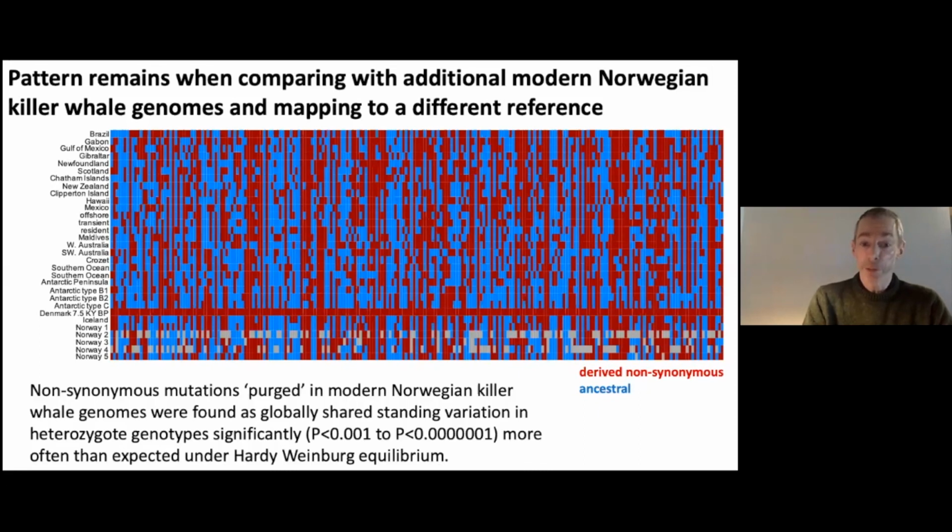And the non-synonymous mutations that were purged and were missing from the Norwegian killer whale genomes were found globally shared, as global shared variation in heterozygote genotypes, significantly more than expected under Hardy-Weinberg equilibrium. So in other words, it's consistent with this idea that they're potentially recessive in nature. And so in the homozygous genotype, perhaps selection is more likely to act upon them.